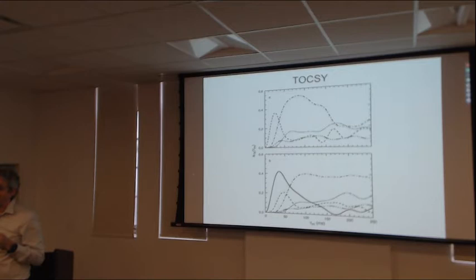So here then are numerical calculations for real spin systems. This is, I think, leucine or isoleucine, poorly labeled, very poorly labeled.